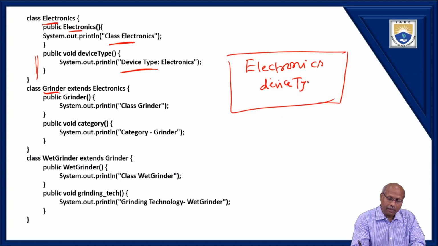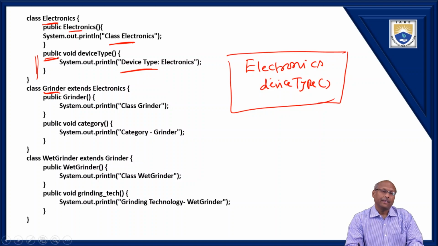Device type is my method. Under which section is this method available? The public section. I told you if it is public, that will be available to the child also. If you write private, that will not be available because private property is fully confidential and will not be available to the child. So if you want to share your resource with others, put it in public or protected.